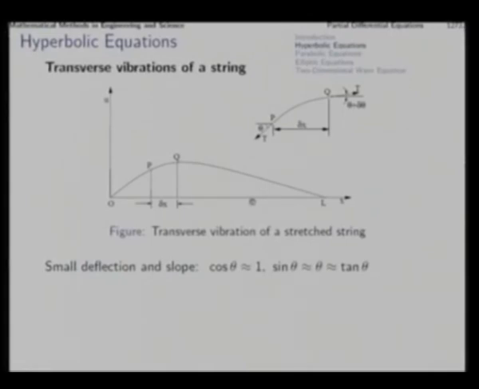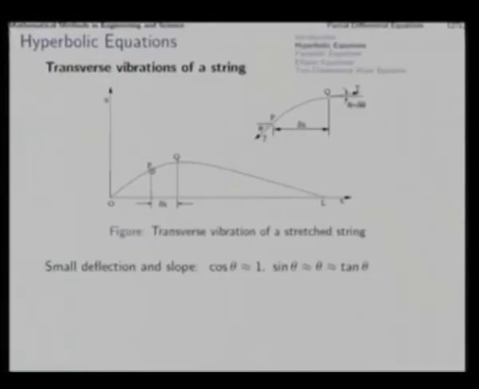If this is the shape of the string at a particular instant, then at x the position is P, at x plus delta x the position is Q, and the assumption of small deflection and slope means that whatever angle the string is making with the positive x direction, that angle theta is small.